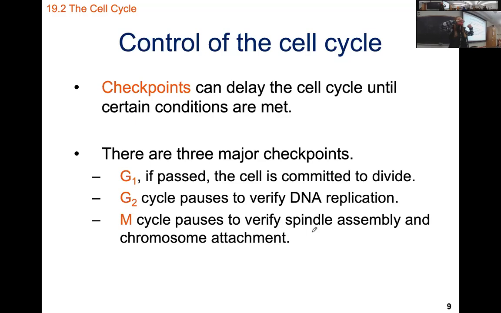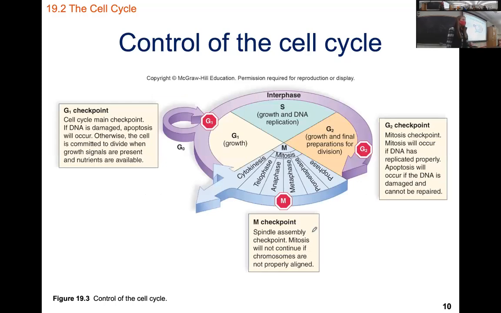I think of also the strings on corn, that little stringy stuff you pull off when you're shucking corn. These spindle fibers allow for the chromosomes to be pulled apart. And we'll be able to see that in a couple of slides here. But these are the different security checkpoints like at the airport. And once we get through these checkpoints, then we can go into mitosis.